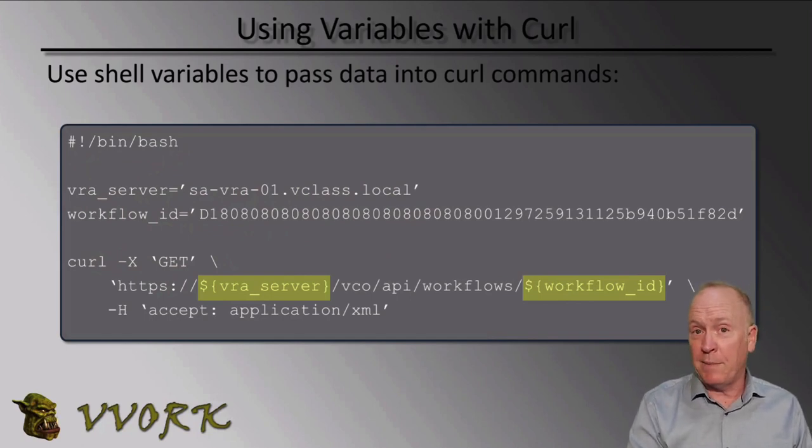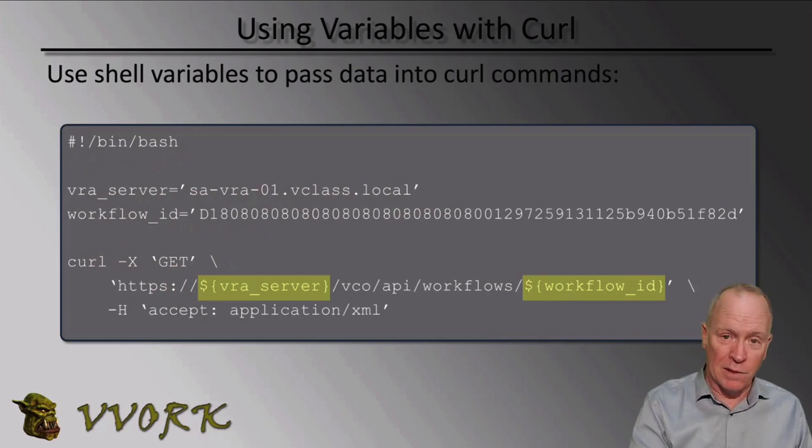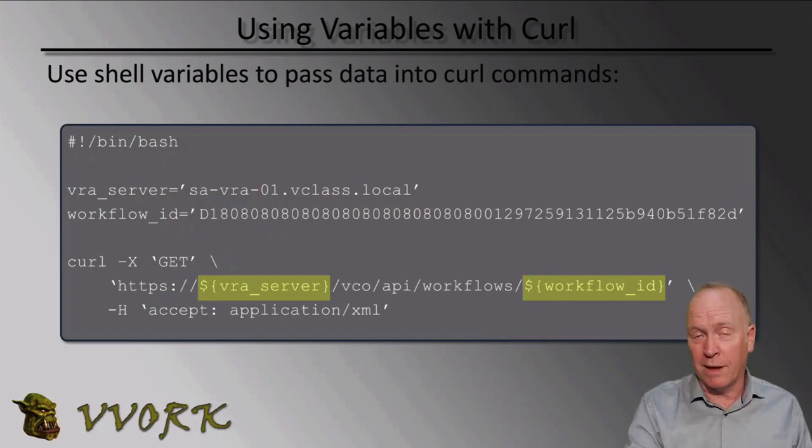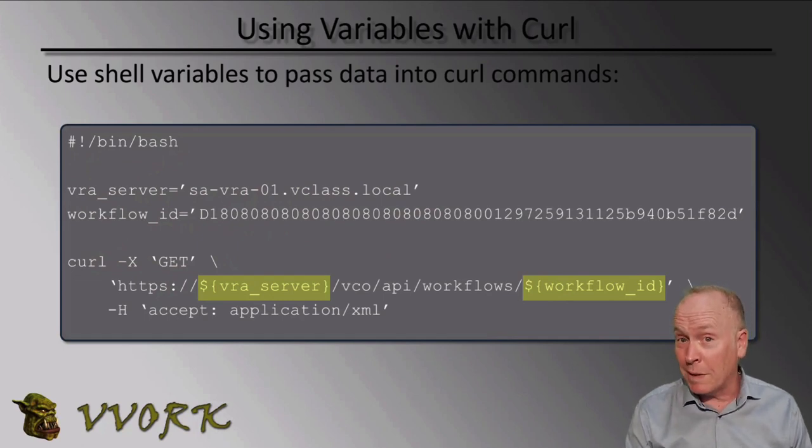If you want to do the same type of thing with other mechanisms such as languages such as Ruby and Python and so forth, they'll let you do the same sort of thing. They'll let you set the value of variables. They'll let you use the variables. But obviously, the syntax may be different between those different environments. The way you set variables and use variables here in a Linux shell script is going to look different in other programming languages.